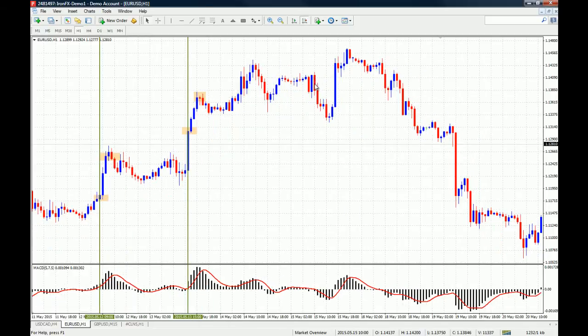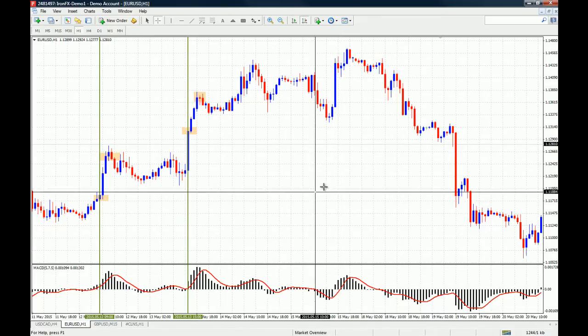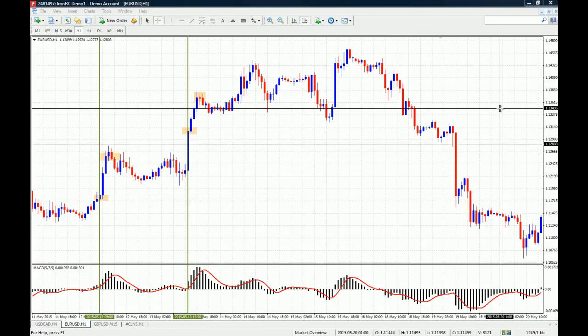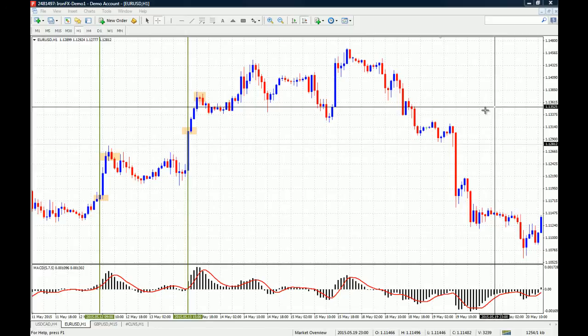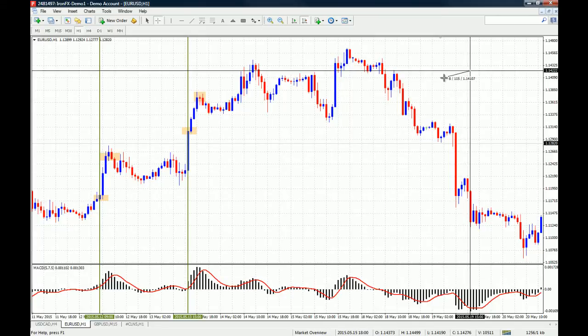Then price moves all the way down here to these lows, and you can see that right here we have a surge in bullish momentum, but the crossover comes too late, so we don't take this trade. The crossover and the bullish momentum have to happen at least one candle of difference from each other, because if you wait too long, you are going to end up in a losing position.